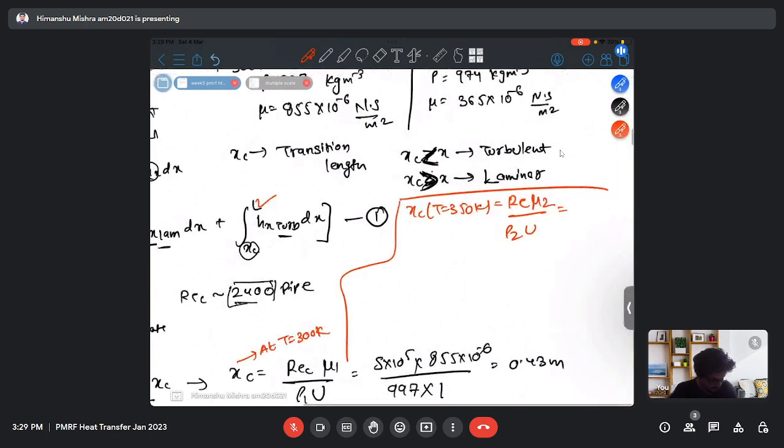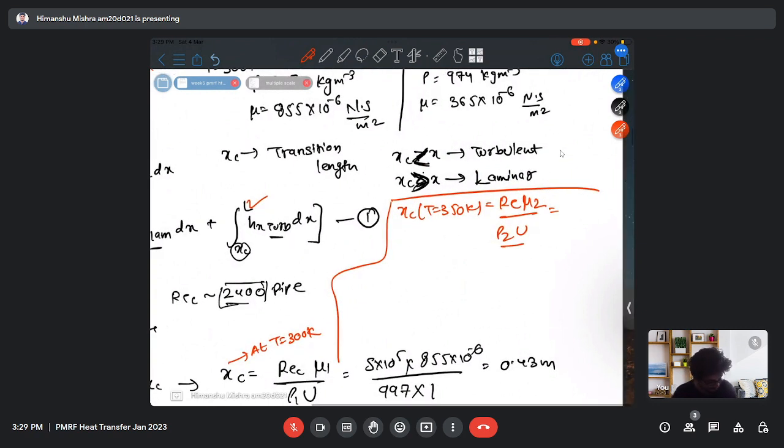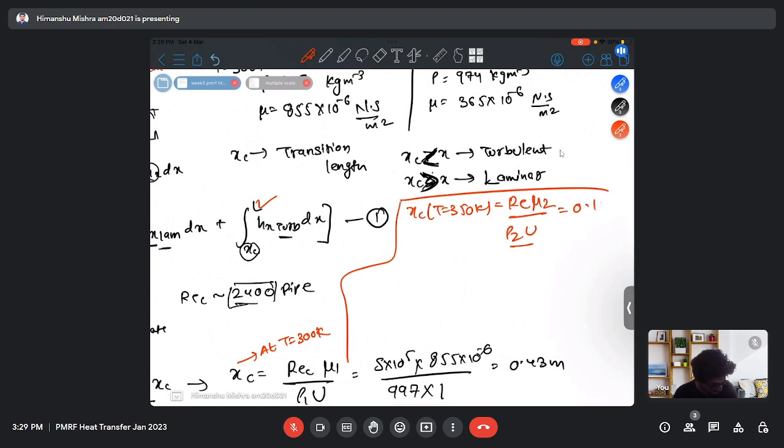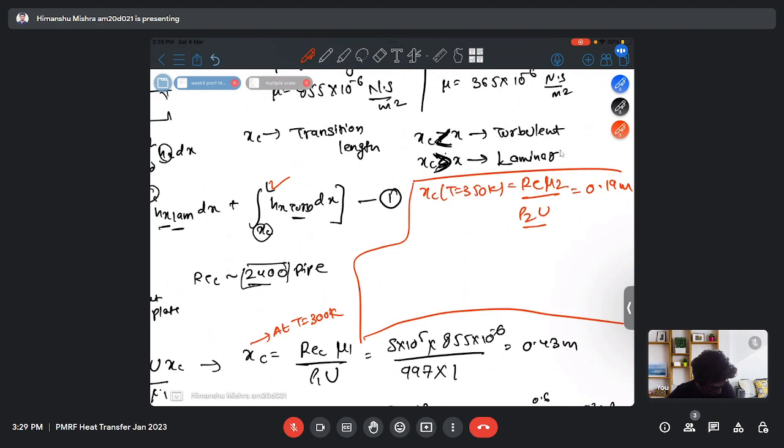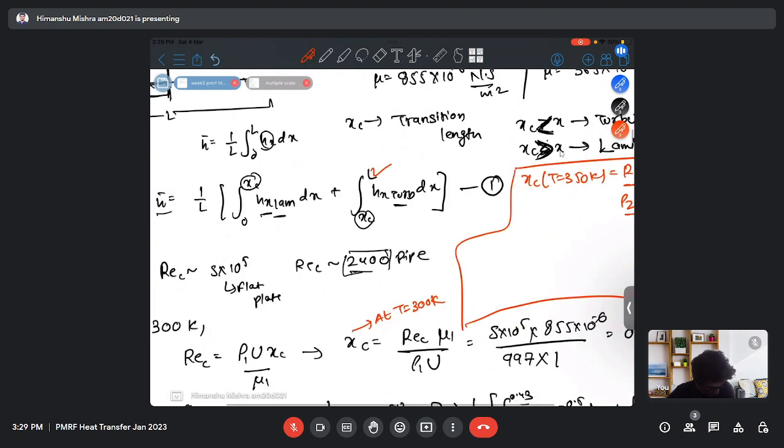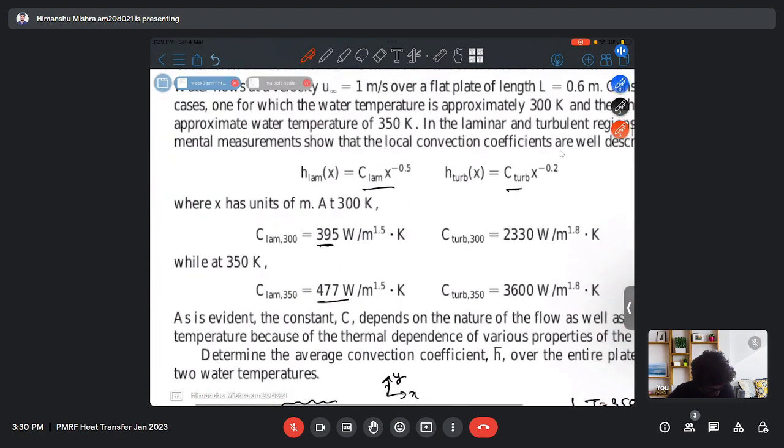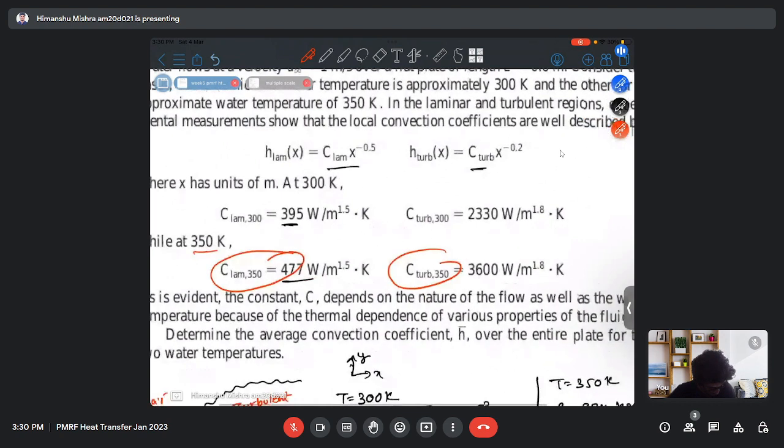So when I plug in the values, my transition length will be 0.19 meter, and using the same equation 1, and we have been given C laminar and C turbulent for 350 Kelvin also.